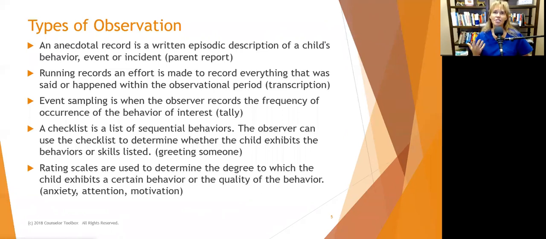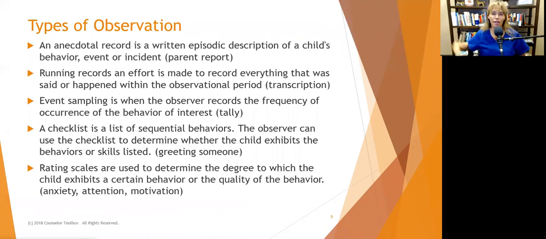And rating scales are used to determine the degree to which a child exhibits a certain behavior or the quality of a behavior, such as their anxiety levels, their attention levels, or their motivation. And this is more of your Likert scale. On a scale of 1 to 5, 1 being could not pay attention at all, 2 being paid attention up to 20% of the time, 3 being paid attention 50% of the time.